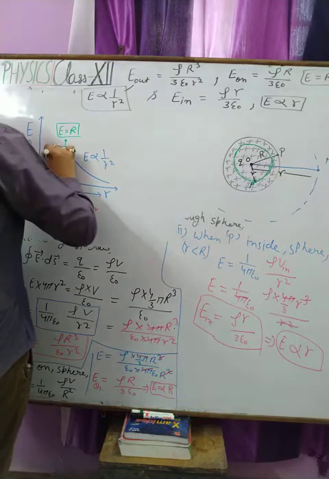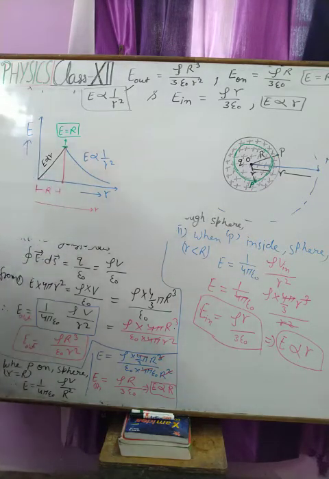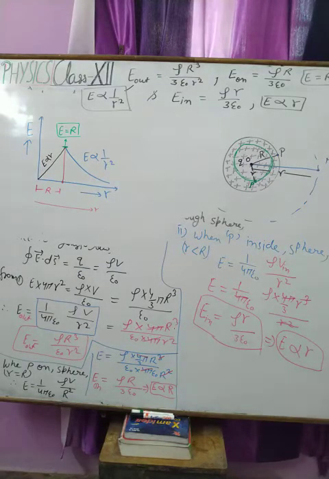This is the result. E is proportional to small r. So calculate this, copy this graph.